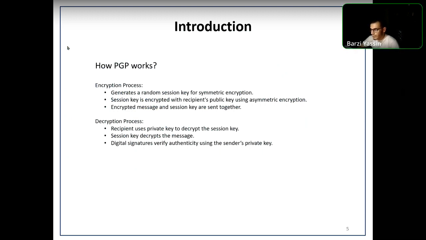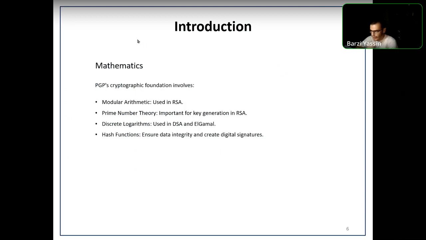Then the recipient decrypts the session key with their private key and then decrypts the message with the session key. So there are two steps to decrypt the message. And finally, digital signatures are created with the sender's private key and verified by the recipient using the sender's public key.